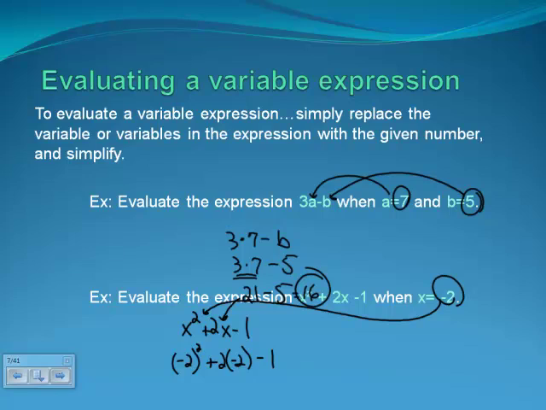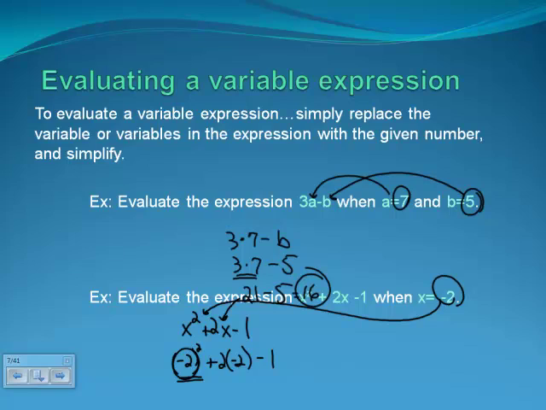minus 1. Now it becomes an orders of operation problem. Do the exponents first. Now you might notice that there are grouping symbols there. There are parentheses because I used that to indicate multiplication. But in this case, there's nothing to do inside the parentheses. So therefore, the parentheses are just holding the number to do the next operation.